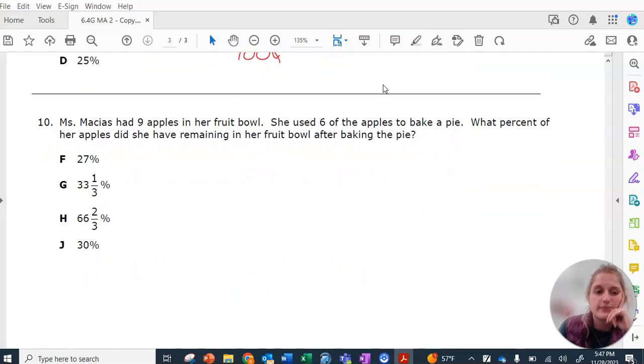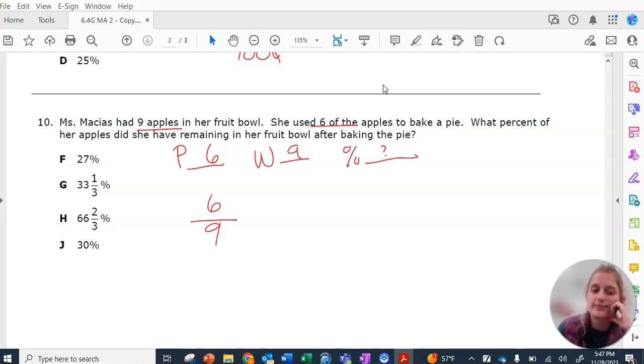Last but not least, Miss Macias has 9 apples in her fruit bowl. She uses 6 of them to bake a pie. So part is 6. The total or the whole is 9. We're trying to find the percent. 6 out of 9.